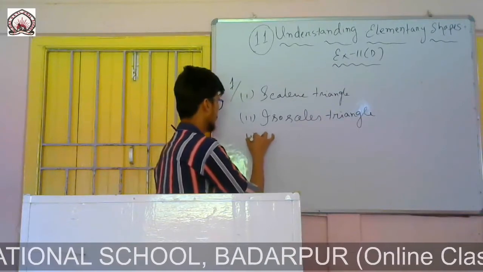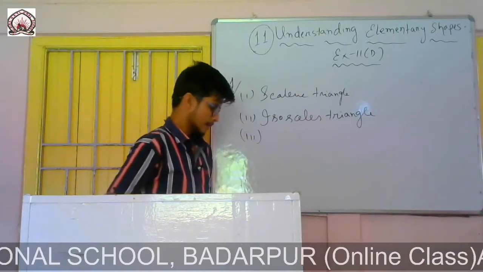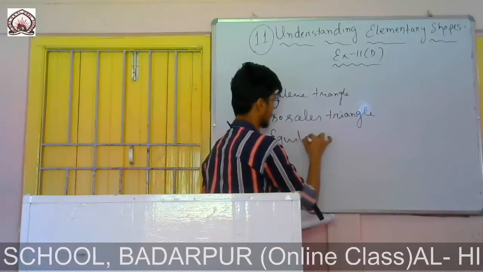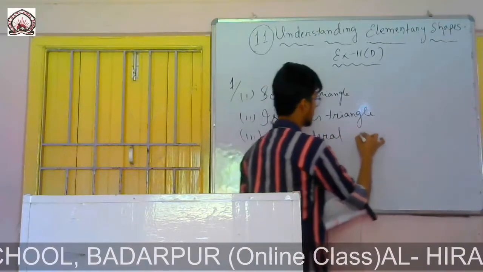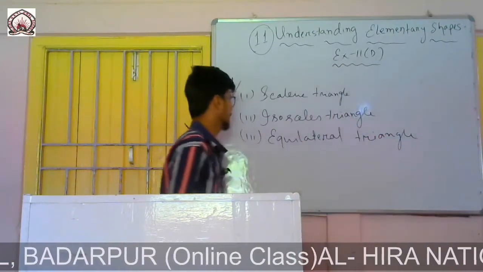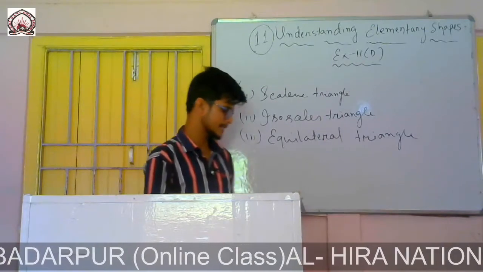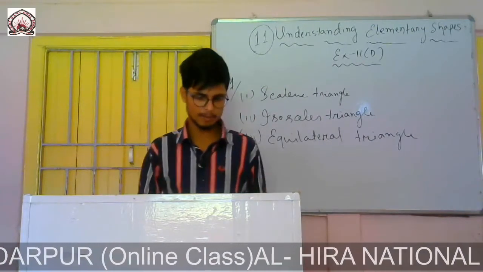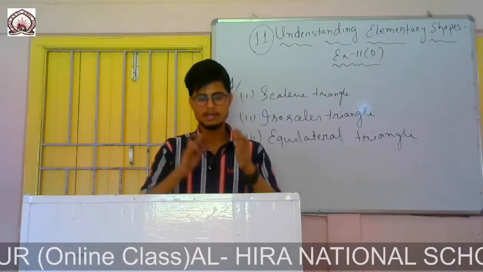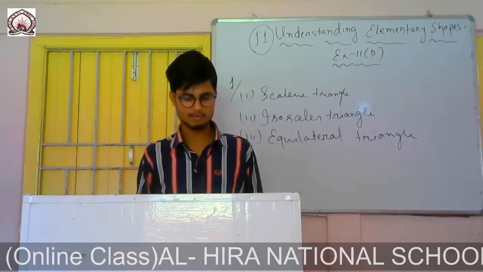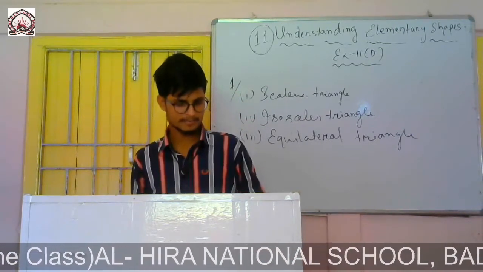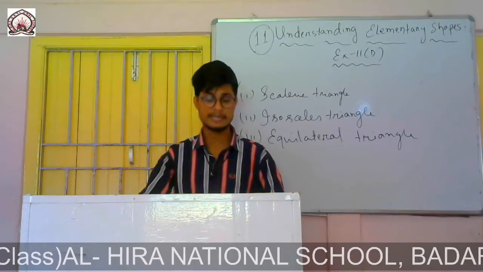Next, Roman number 3, all the three sides are equal, that means it is an equilateral triangle. Then Roman number 4, two sides are equal, so it will be an isosceles triangle.